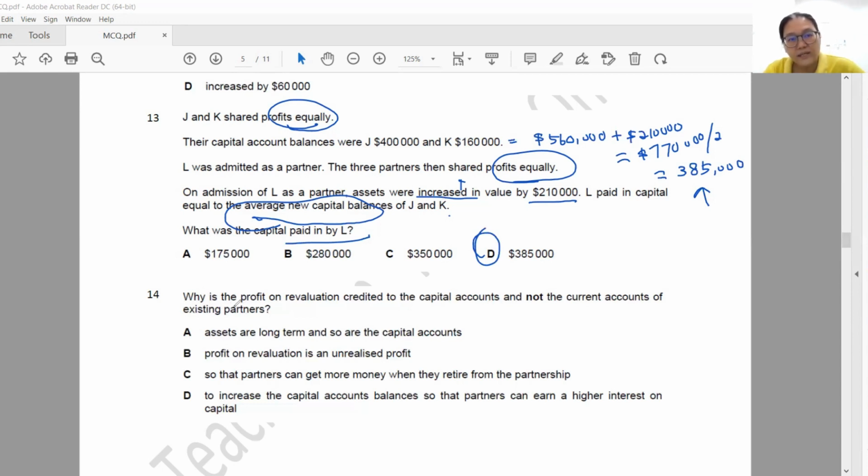Question 14. Why is the profit on the revaluation credited to the capital account and not the current account of the existing partners? Why do we create the revaluation? Revaluation is an unrealized profit. Unrealized profit means that the profit has not yet been earned or received. When you sell the asset, it will become realized.